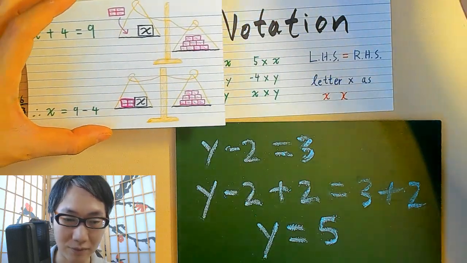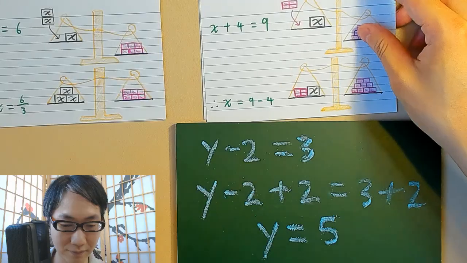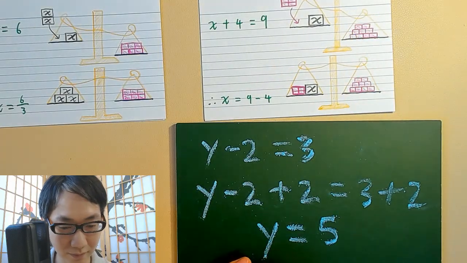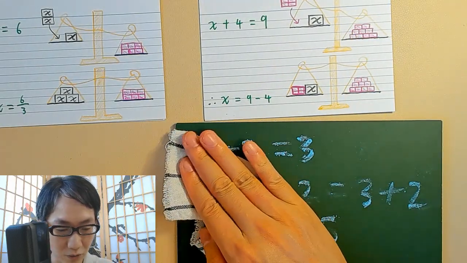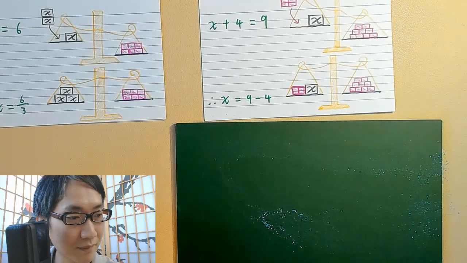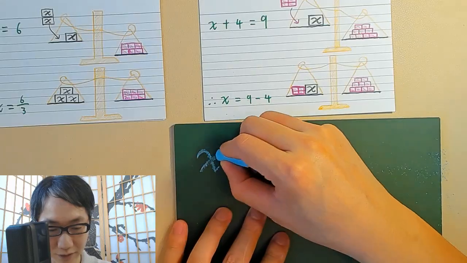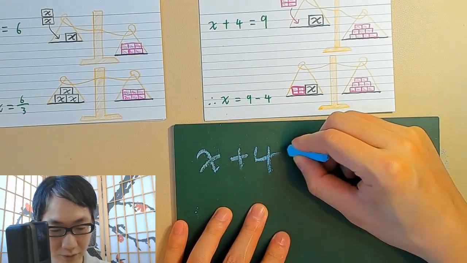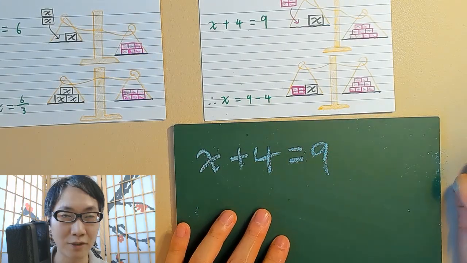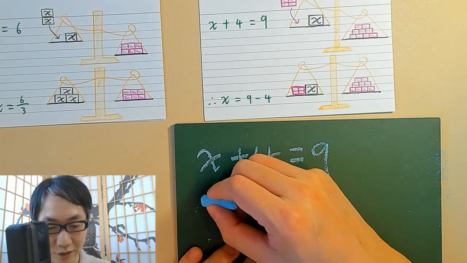Then for the next one, x plus 4 is equal to 9. So we can do whatever we want. I'm deducting 4 from both sides.